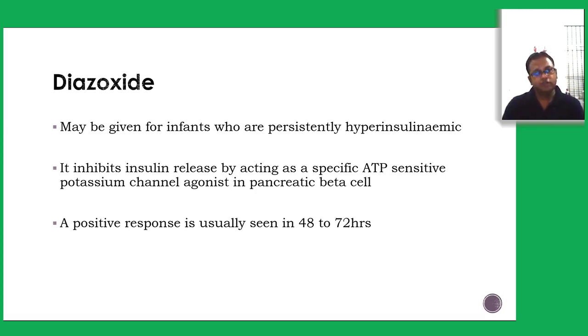And diazoxide is another drug we can use. It can be given for infants who are persistently hyperinsulinemic. It inhibits insulin release by acting as a specific ATP-sensitive potassium channel agonist in the pancreatic beta cell, right? However, it takes around 2 to 3 days to act.